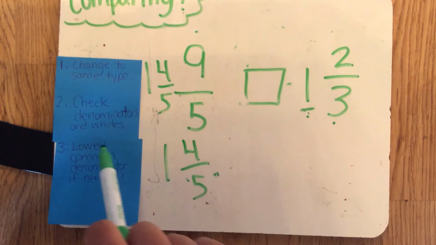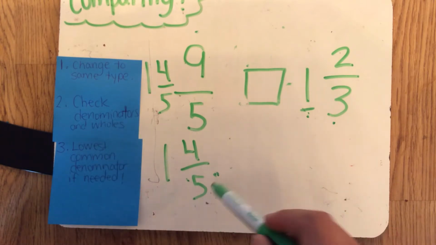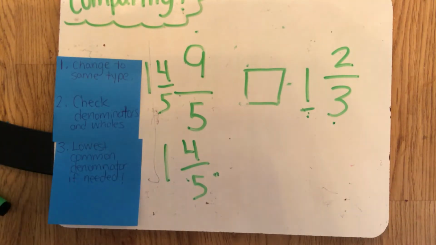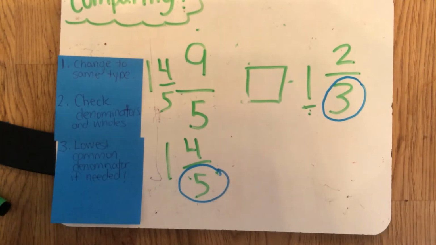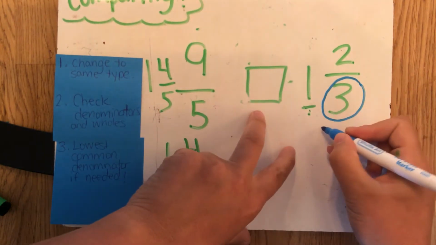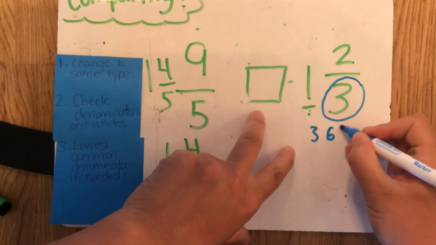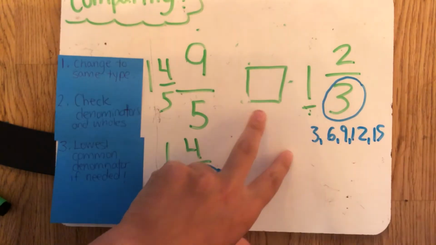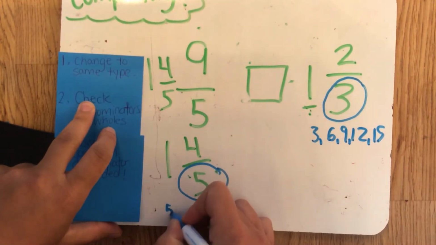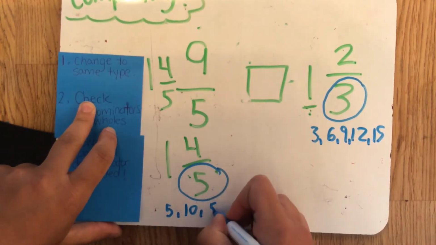All right, check for our denominators. Okay, so now we get into trouble. We have fifths here and thirds here. So we list out to find our common denominator. Some of you can probably figure that out without listing, and that's fine too, but whatever works. 5, 10, 15.